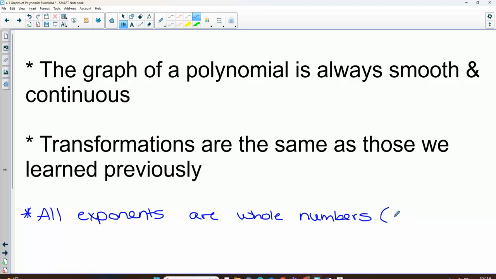So those powers on x have to be like 1, 2, 3, 4, and so on. You can't have negatives, you can't have fractions or decimals for your powers. Any questions there?